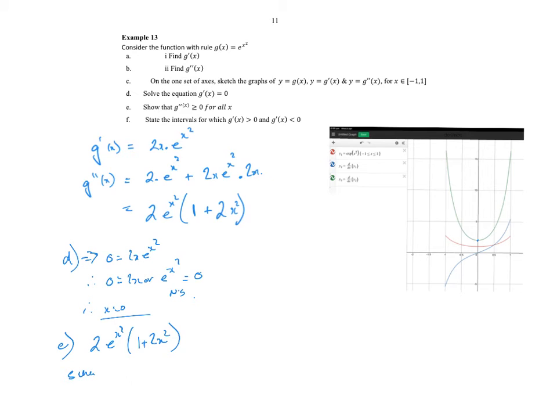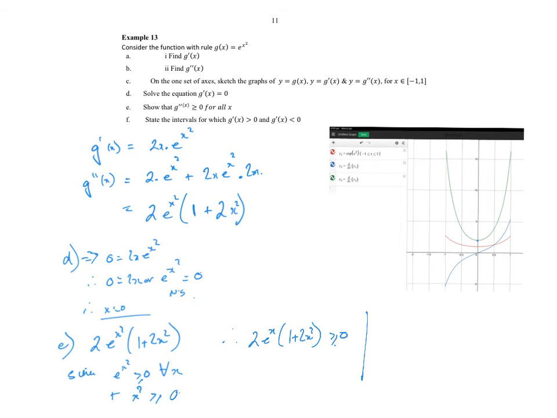Now, since e to the x squared is greater than 0 for all x, and x squared must be greater than or equal to 0, it's also greater than 0 for all x. Therefore, the product of those two terms is also greater than or equal to 0 for all x.